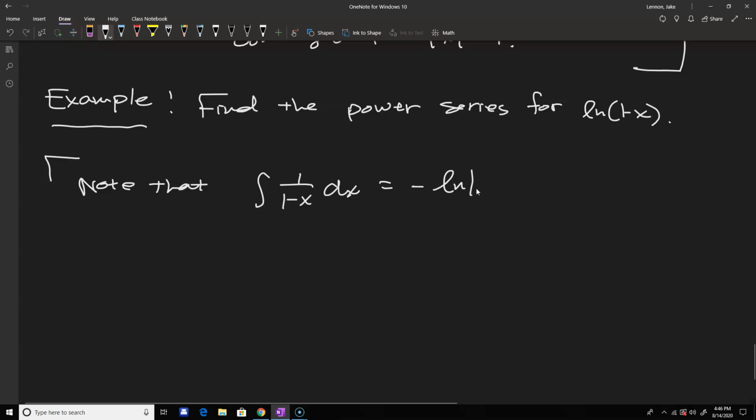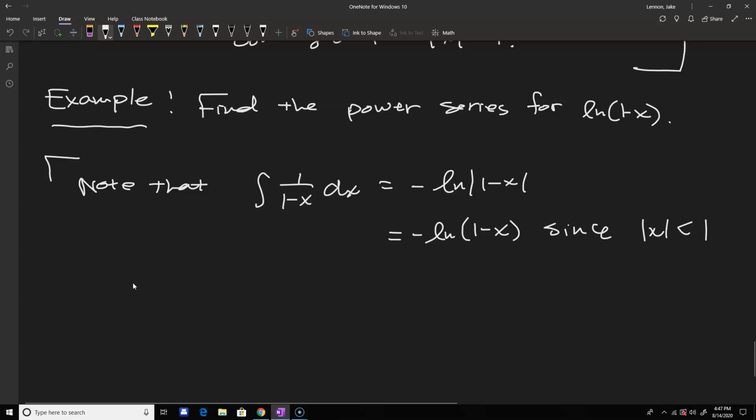And if we're only talking about a radius of convergence where absolute value of x is strictly less than 1, we know that the absolute value is actually unnecessary, because we know this is only going to be valid for absolute value of x less than 1, so we're never going to have to worry about absolute values there.